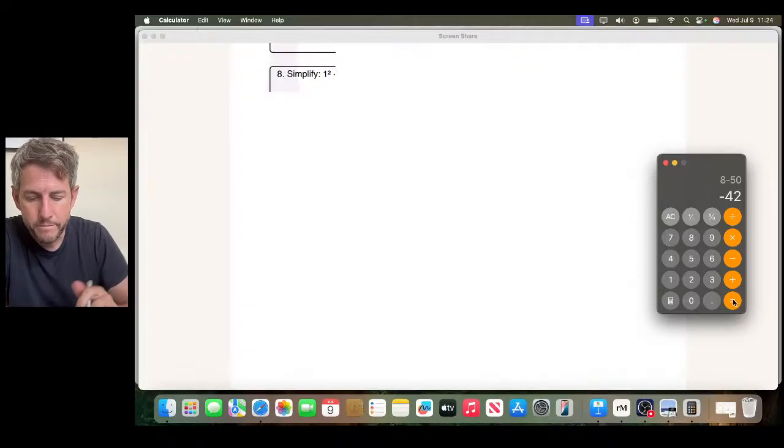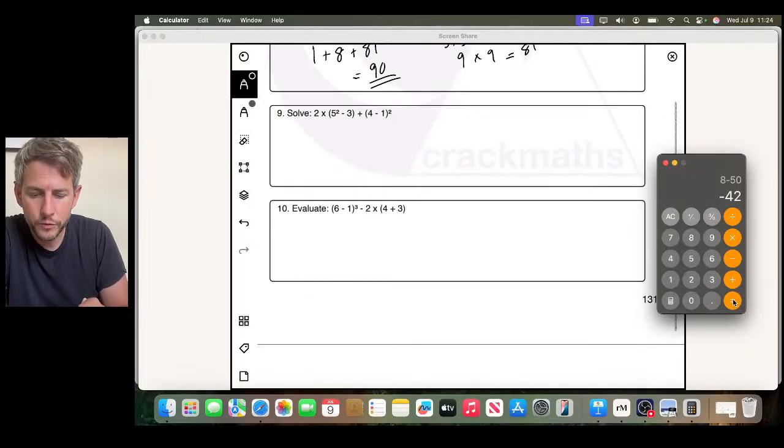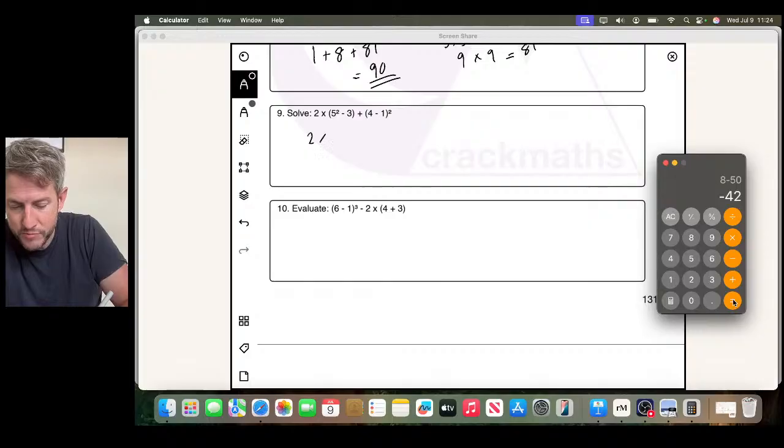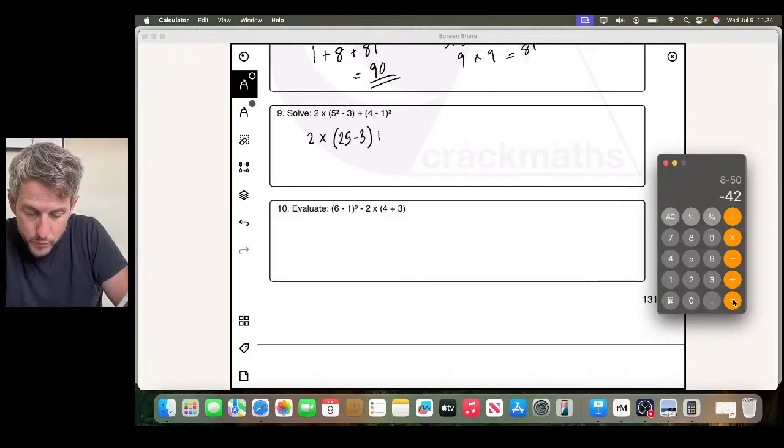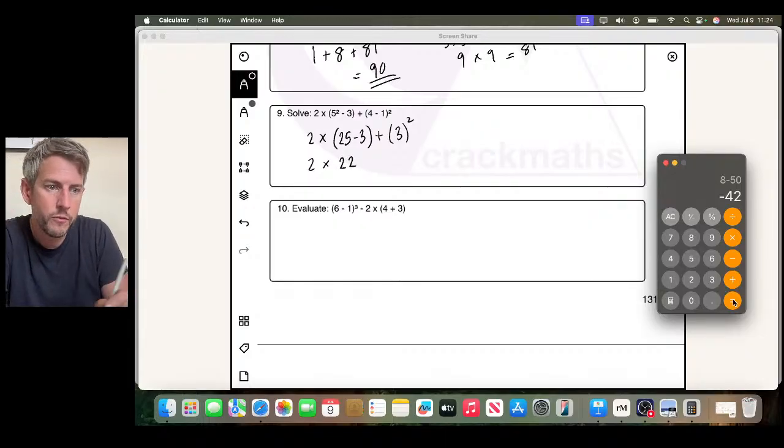Right, so question 9. Solve 2 times 5 squared minus 3 in brackets plus 4 minus 1 squared in brackets. Okay, so let's do what we can first. So first round is to solve the brackets as much as we can. 5 squared is 25, take away 3, plus 4 minus 1 is 3, and then we're going to square that. 2 times 25 minus 3 is 22, so we can leave that there as 22.